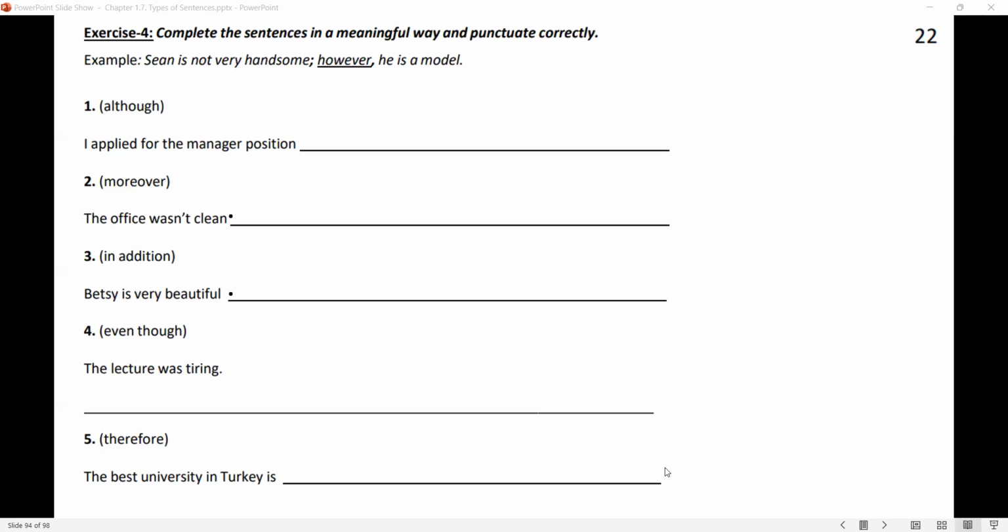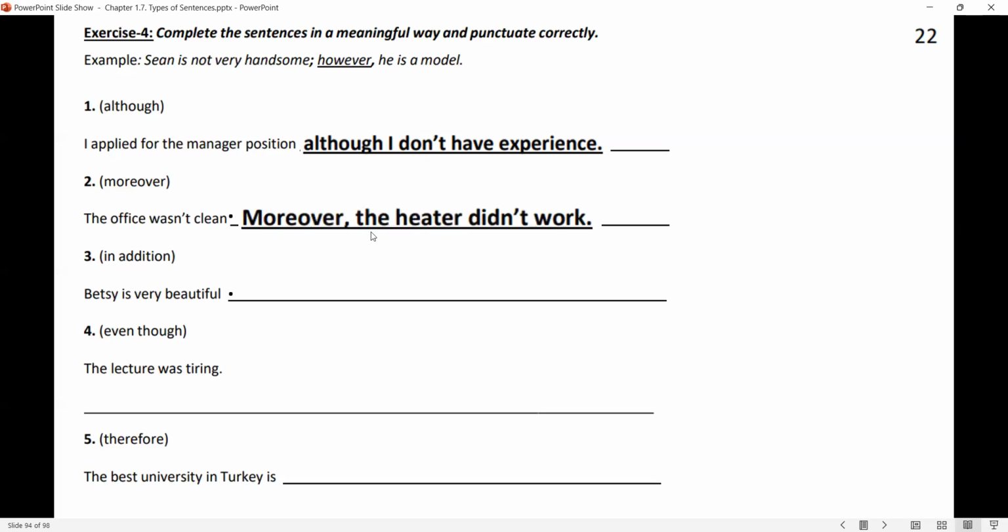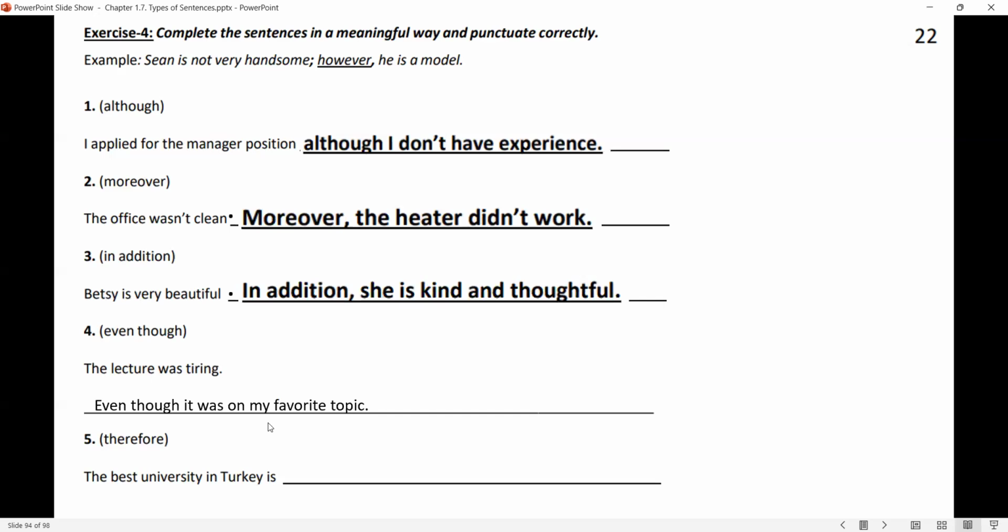All right, let's check. Number 1, I completed it like this. I applied for the manager position, although I don't have experience. Or number 2, the office wasn't clean. Moreover, the heater didn't work. Here, I added a full stop. Betsy is very beautiful. I added a full stop. In addition, she is kind and thoughtful. Number 4, the lecture was tiring, even though it was on my favorite topic.